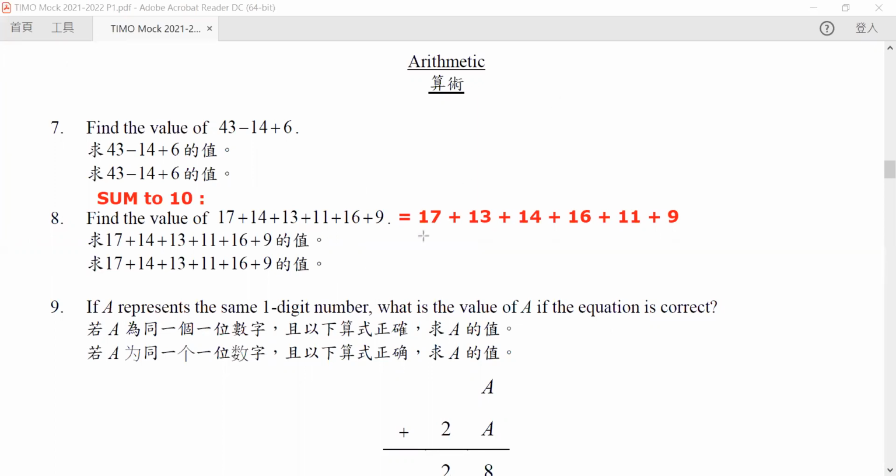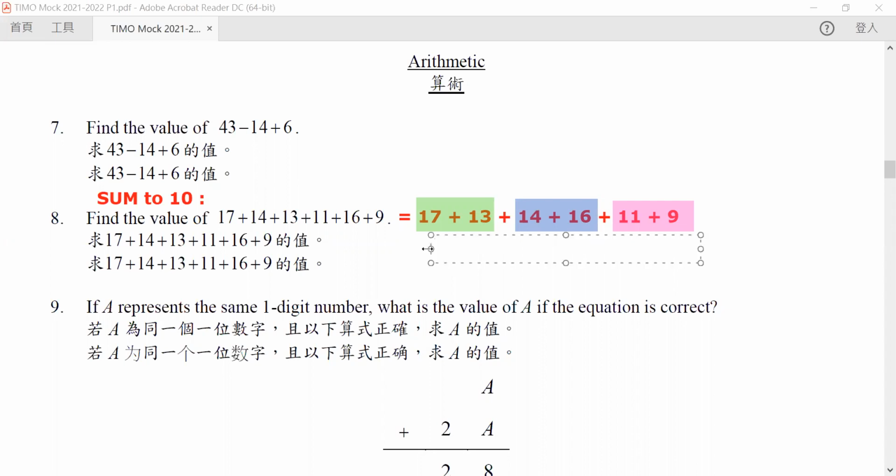Please look at these pairs, right? Look at these pairs. For our 17 plus 13, what is the answer?